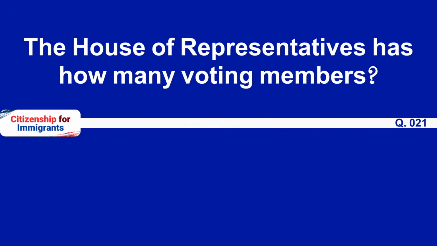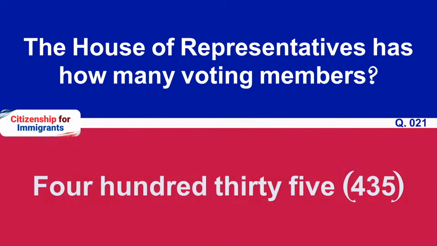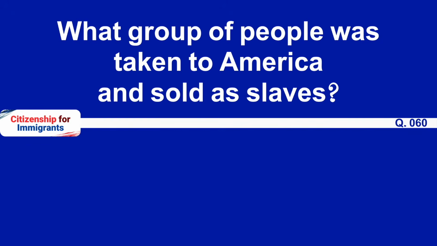The House of Representatives has how many voting members? 435. What group of people was taken to America and sold as slaves?